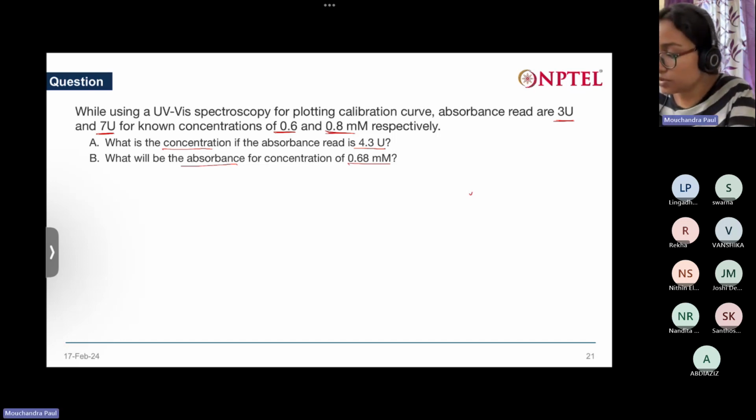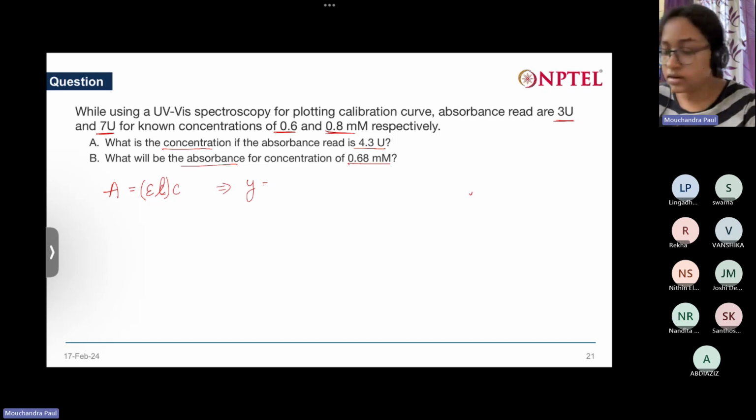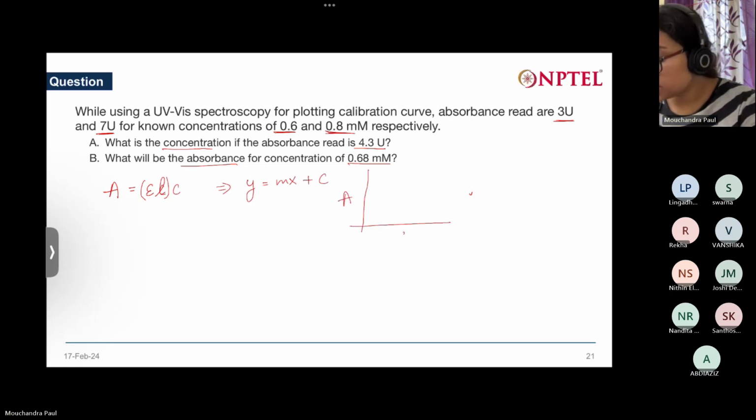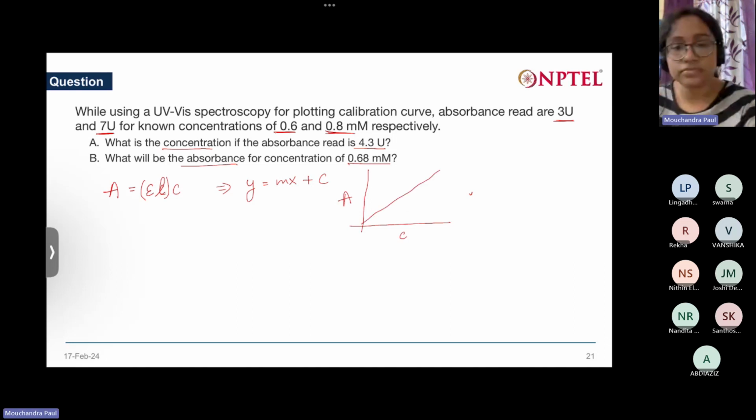So the known values are absorbance and concentration. From the Beer-Lambert's law, let me first write that. We know this. As I told you, epsilon and L are constants. In general, we can represent Beer-Lambert's law using the linear graph expression, which is y equals mx plus c, because you get a curve like this.